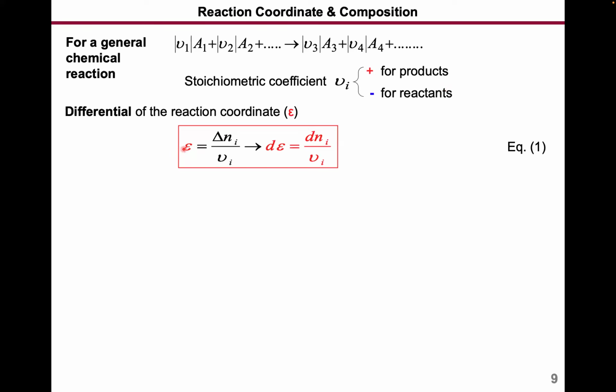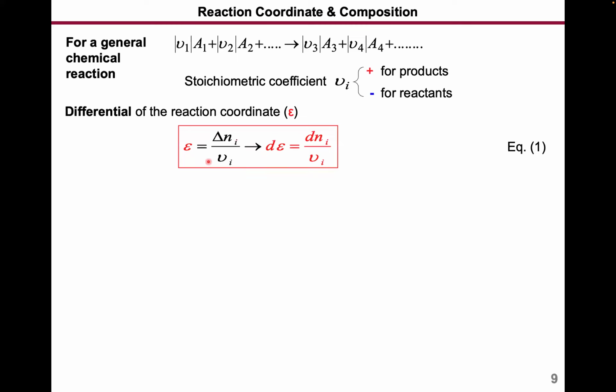So here, reaction coordinate is going to be delta Ni divided by Vi. So the change in the number of moles of species i, which could be A1, A2, A3, A4, and then the stoichiometry of this particular species, V1, V2, V3, V4. So this is the definition.